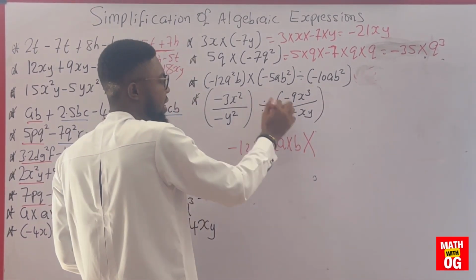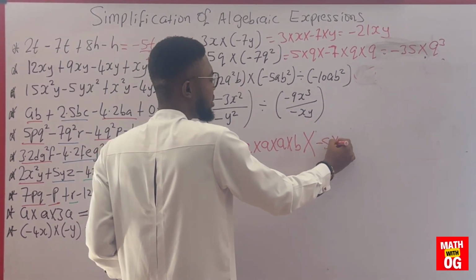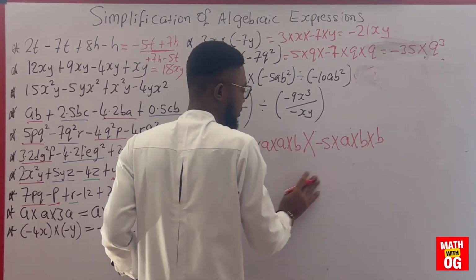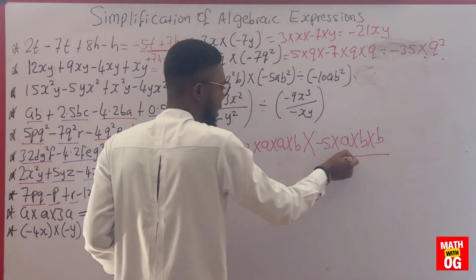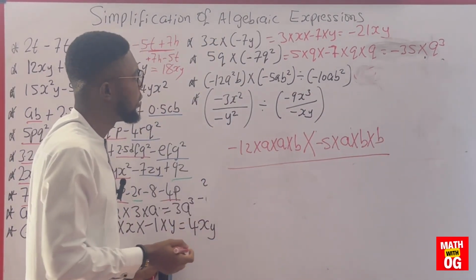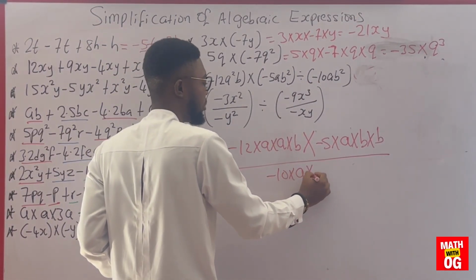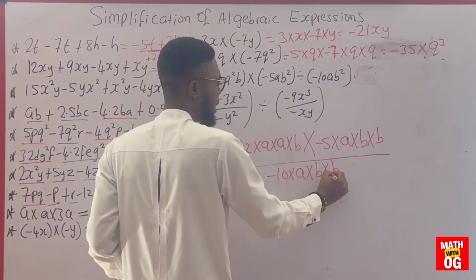Multiplied by, this guy here is minus 5, multiplied by a, multiplied by b, multiplied by b. Division sign, so I can put this big division sign. All over, this guy here is minus 10, multiplied by a, multiplied by b, multiplied by b.